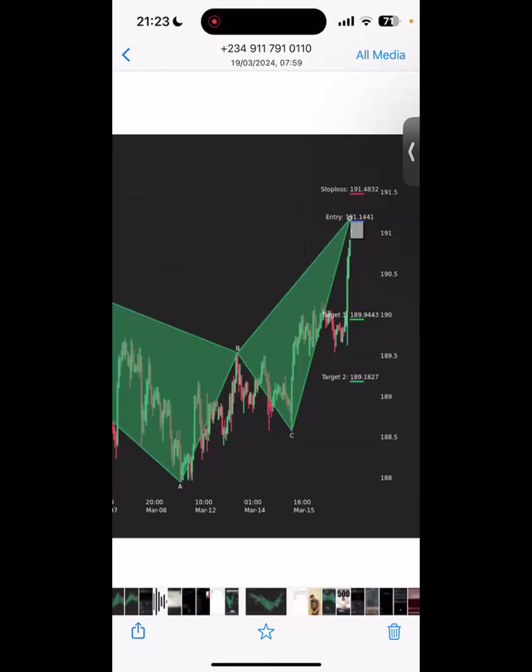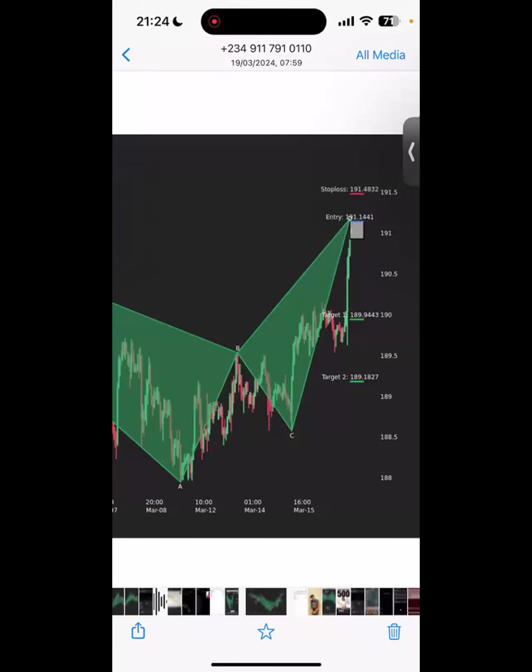Because when you sell high and the market drops, you make money. You sell high, the entry is up. Once the market drops, you see it's dropping to TP1, TP2. That's how you make money. If the stop loss is below the entry, that's now a buy.